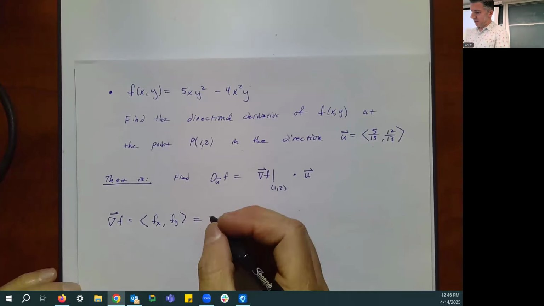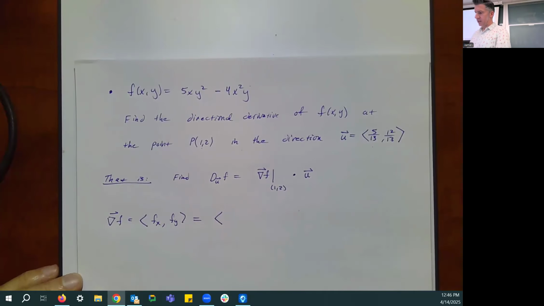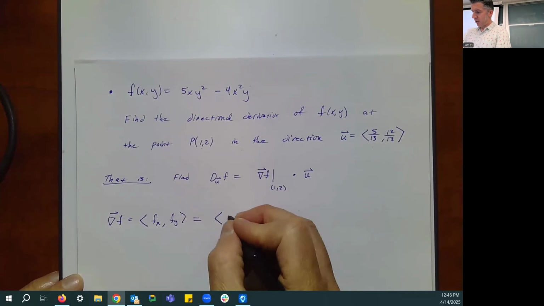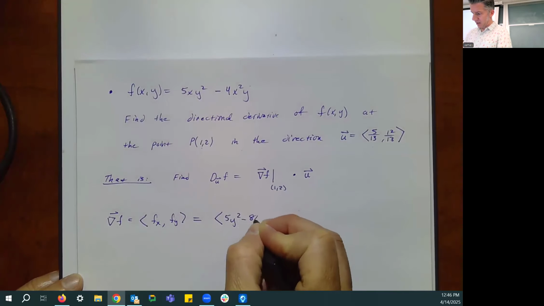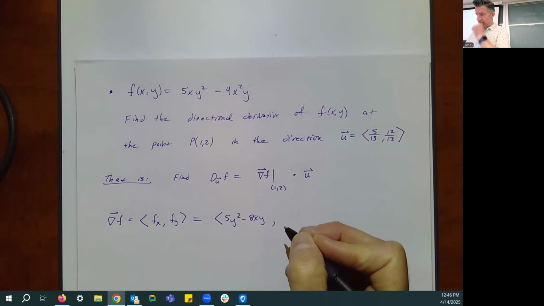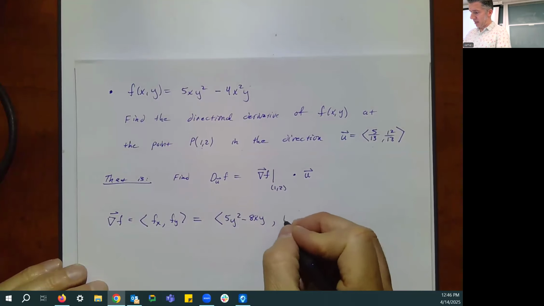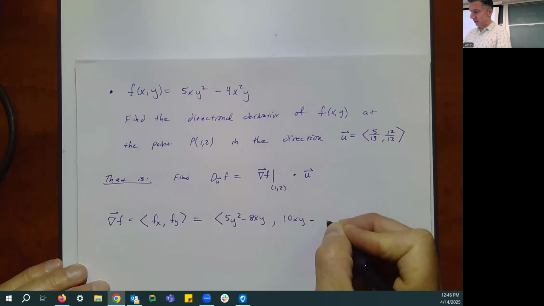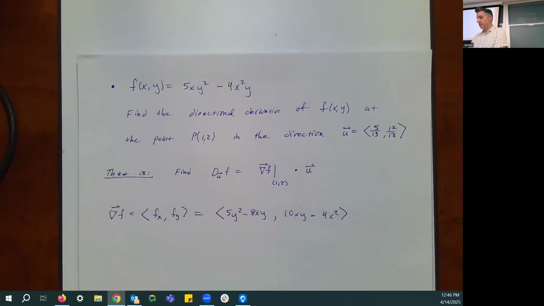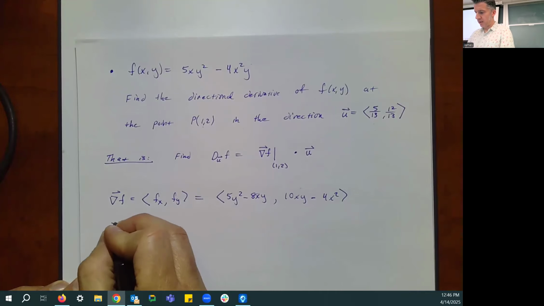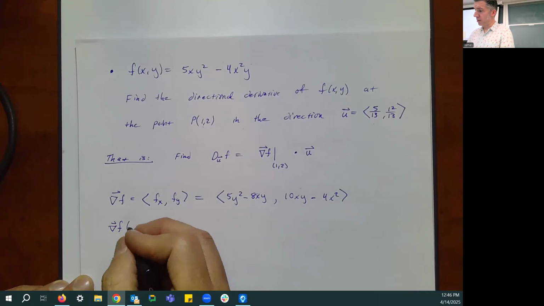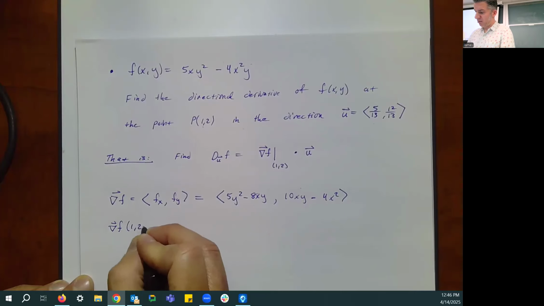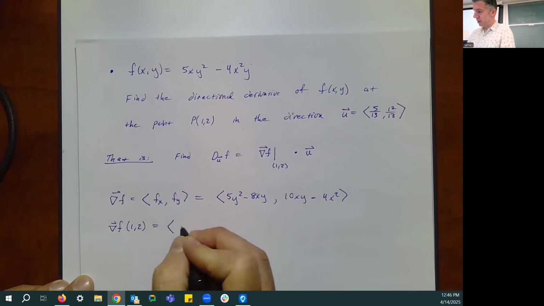All right, so let's see here. Our gradient, just leaving the x's and y's, is going to be the partial with respect to x is going to be 5y squared minus 8xy. And the partial with respect to y is going to be 10xy minus 4x squared. Now, if we plug in our point, 1 comma 2, be careful here.